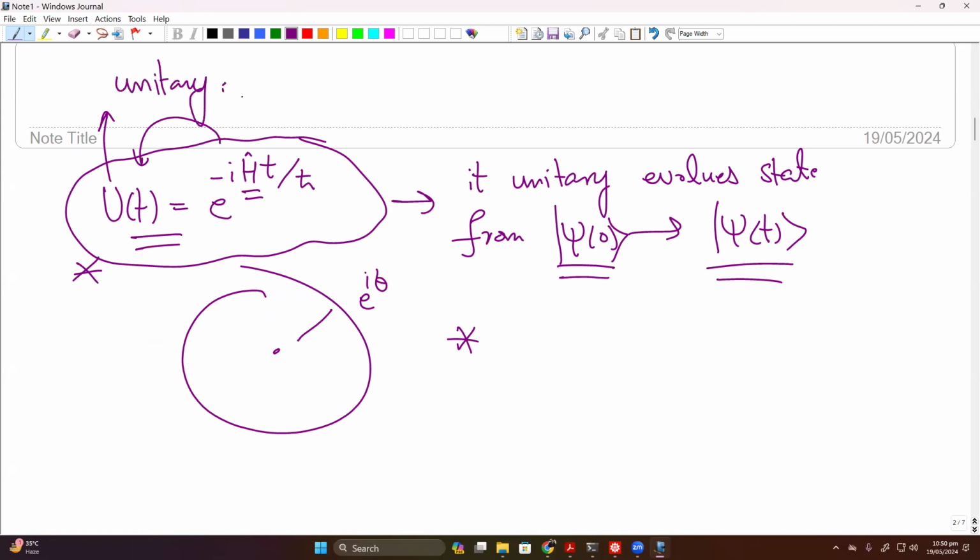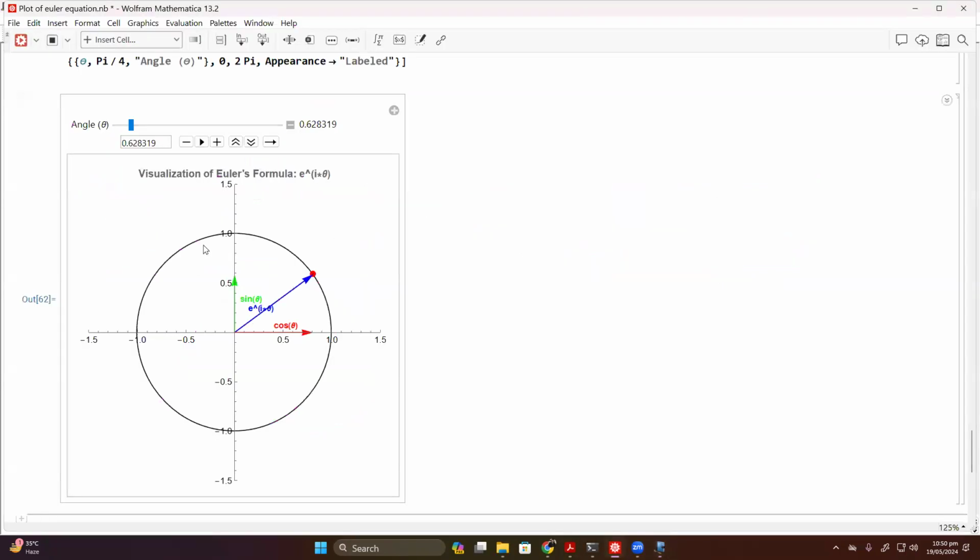And we know from the basics of linear algebra that a unitary operator only rotates a vector. It cannot change its length. So a unitary operator will only rotate a vector from one point to another. If we look at this graph from that perspective, this is my initial state, psi of 0, and if I apply a certain unitary operator, it will rotate it from here to here.